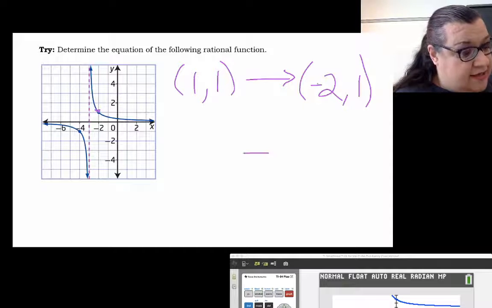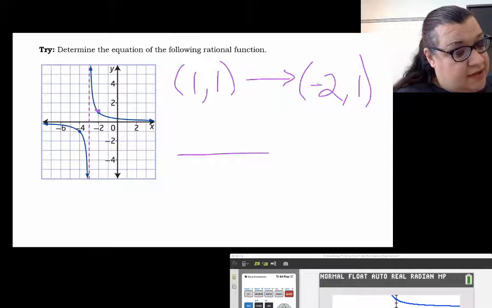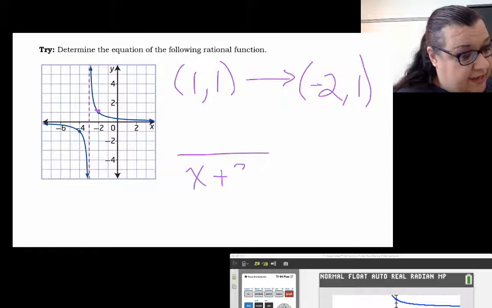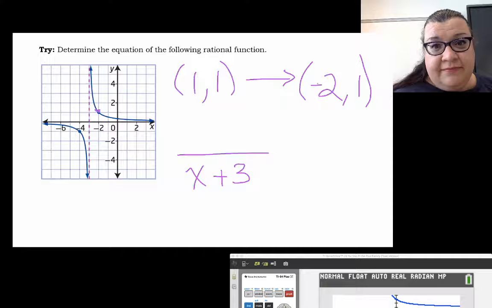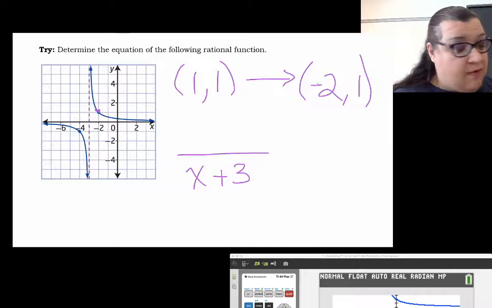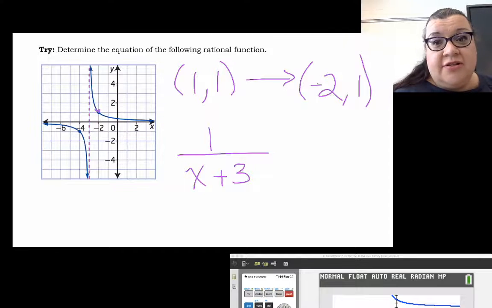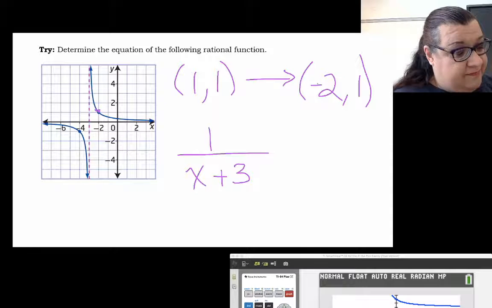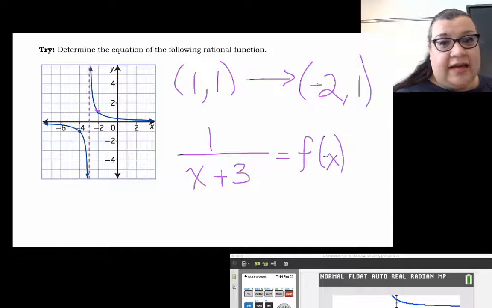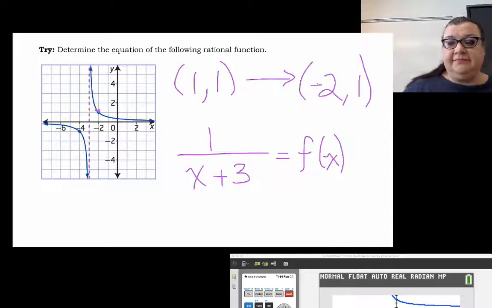So that gives us our h. So our h is minus 3, so we'd have x plus 3 then. We haven't moved up or down, so we don't have a k value, and we haven't been stretched. So our numerator is a 1. So that is our function, 1 over x plus 3. Okay.